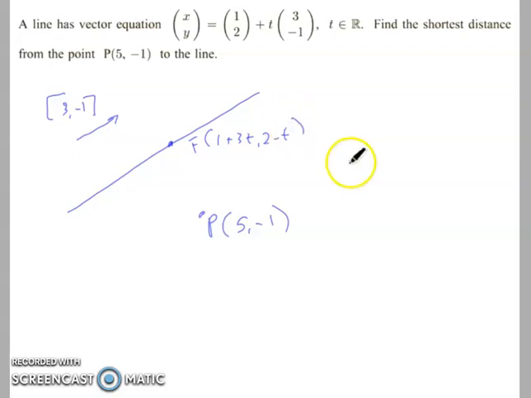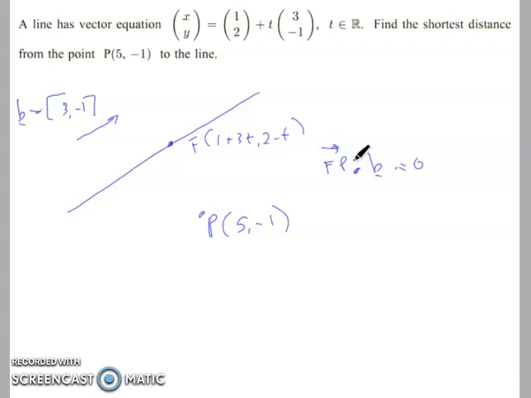Therefore, the vector from F to P, we want that to be perpendicular to the vector, let's call that vector B. So we want FP dot B to equal 0, and that will give us an equation which should lead to a solution.